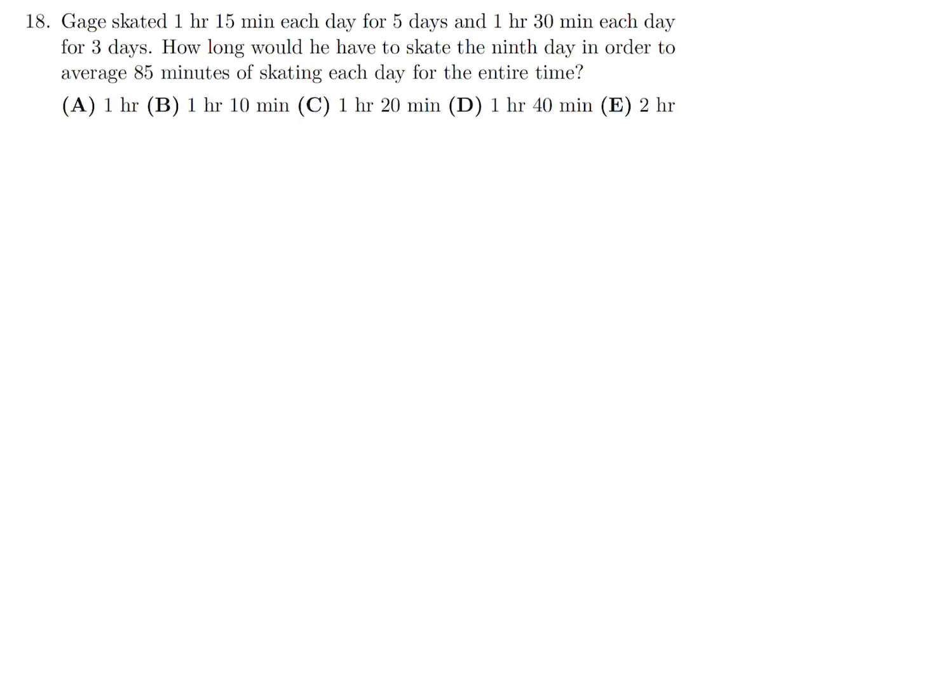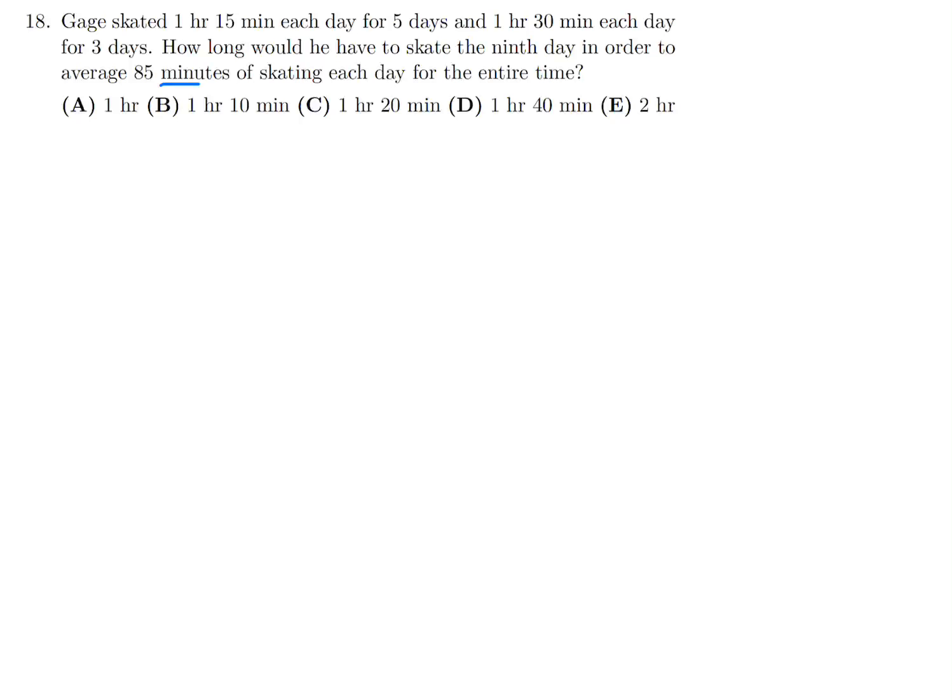Gage skated 1 hour and 15 minutes each day for 5 days, and 1 hour and 30 minutes each day for 3 days. How long would he have to skate the 9th day in order to average 85 minutes of skating each day for the entire time? Okay, so 1 hour and 15 minutes, 1 hour and 30 minutes.